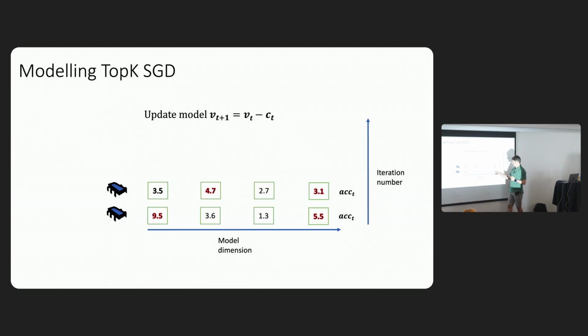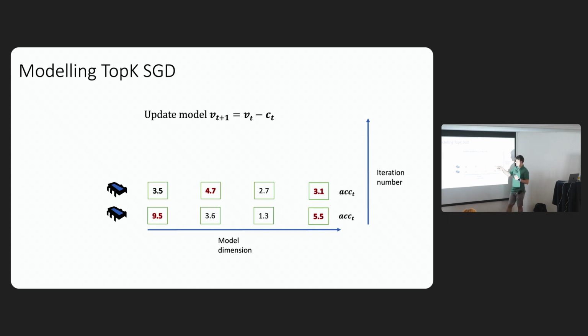Notice these entries were sent, so the error at these entries is 0. So this is the new gradient entry, this is old, and this is accumulated. This starts from 0 and is accumulated. Yeah, that's right. And now we take top k on top of this.